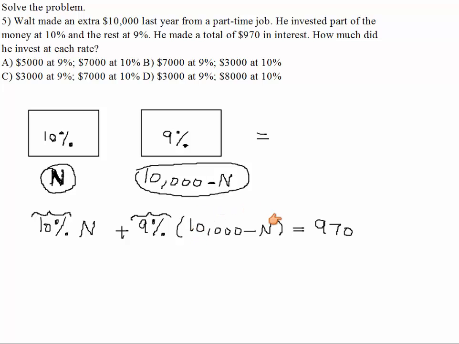Okay. This is just the amount of money that invests in 9% account. This is just the amount of money that we invest in 10% account. Okay. So whatever amount that I invest in 10% account times 10% plus whatever amount of money I invest in the other account times 9% should add up to 970. That's how we have so far.